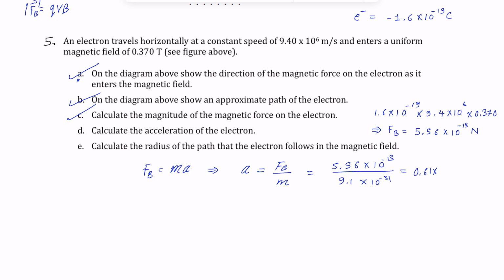0.6 times 10 to the plus 18, that is equal to 6.1 times 10 to the 17 meters per second squared.